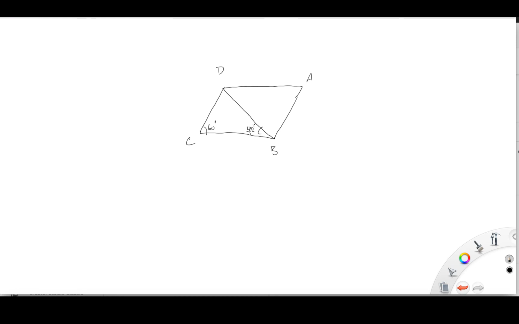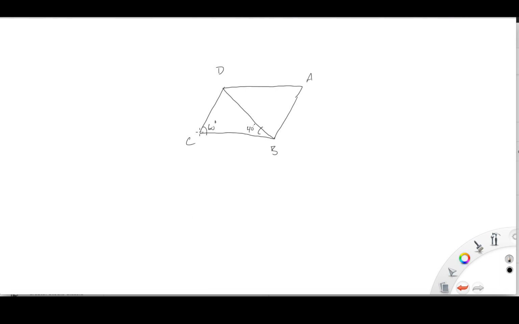Okay? So the question says segment BD divides the parallelogram into two congruent triangles. Angle CBD measures 40 degrees. Which other angle measures 40 degrees? So it was angle CBD. Well, what is CBD?